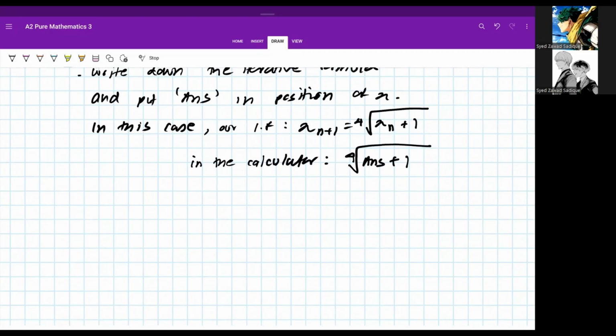This is what you should write in the calculator. Okay? All right, this is the calculator.